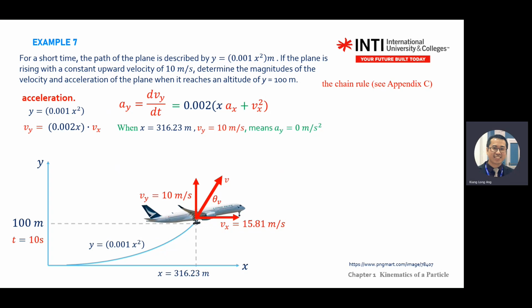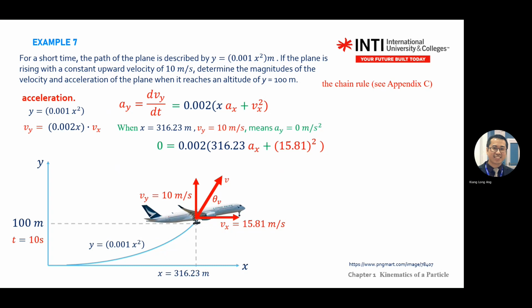Once you have this, you substitute inside here. You have ax, and you need to find vx. You substitute the values: x you have, Vx you found in the earlier section. You solve for your ax.